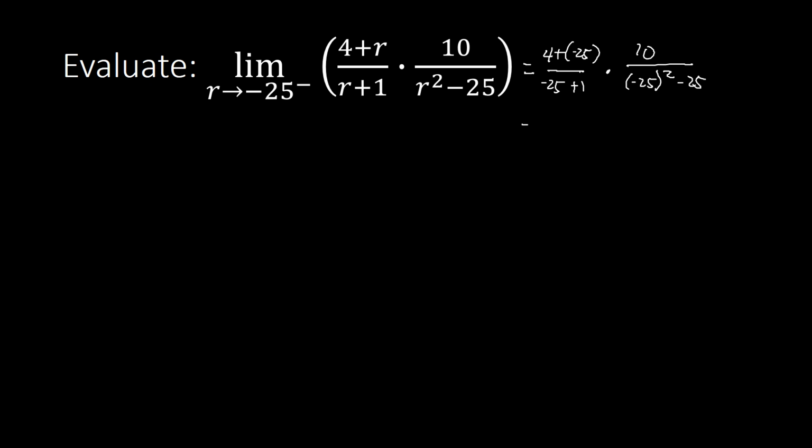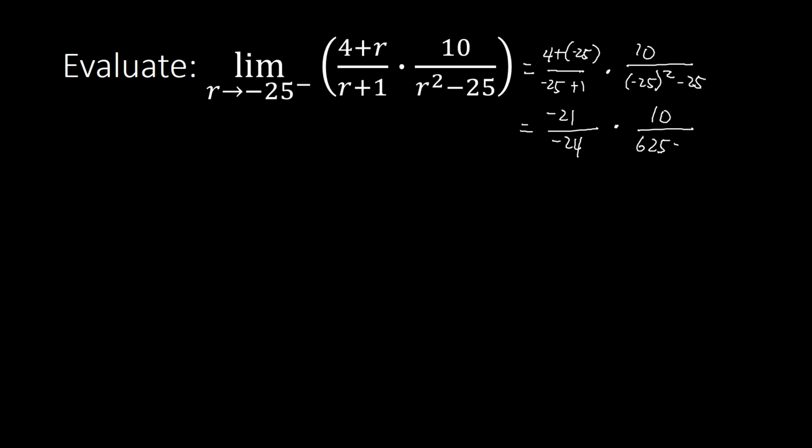So this will be equal to 4 plus negative 25, that will be negative 21, over negative 25 plus 1, that is negative 24, times 10 over negative 25. Once you square that one, that will be equal to 625.